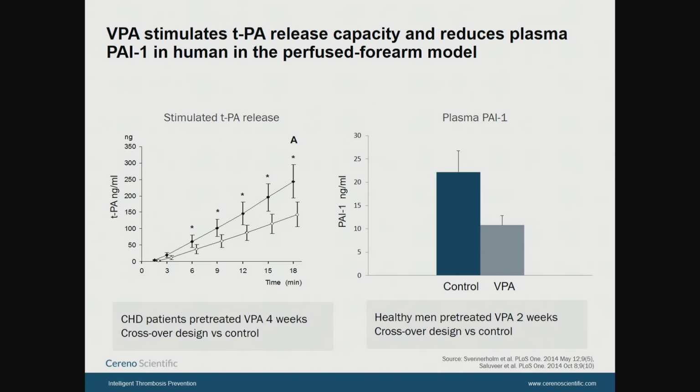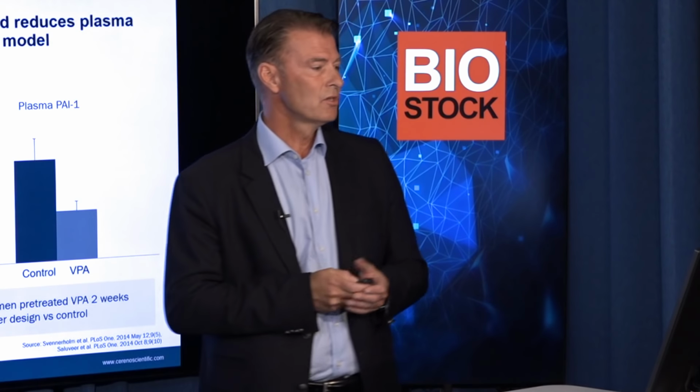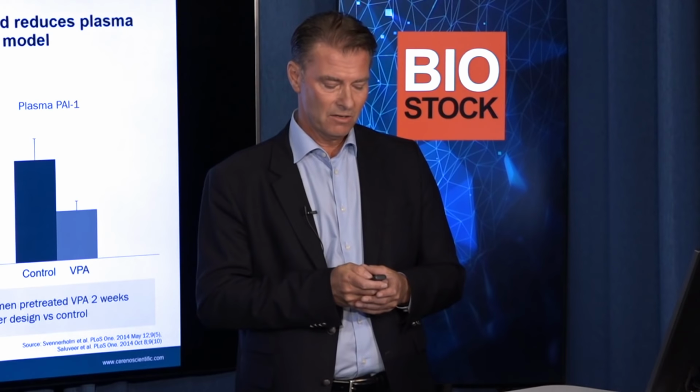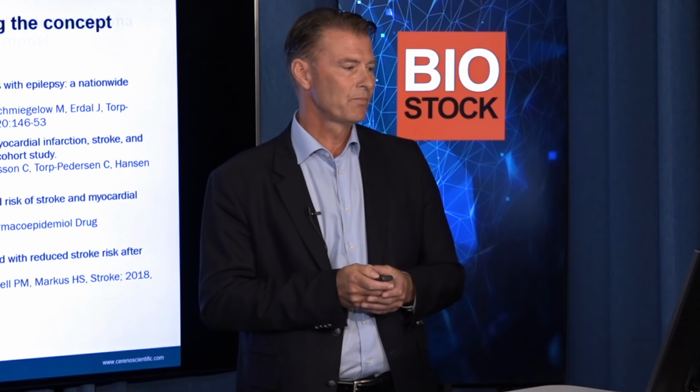And they were people with coronary disease or heart disease. On the picture to the right, there is a study over 2 weeks to show the impact on the other important protein here, the risk factor for thrombosis, PAI, the one that was floating around in the body. And here we saw up to 50% reduction of PAI in blood. So we have documented in man impact on these 2 markers.